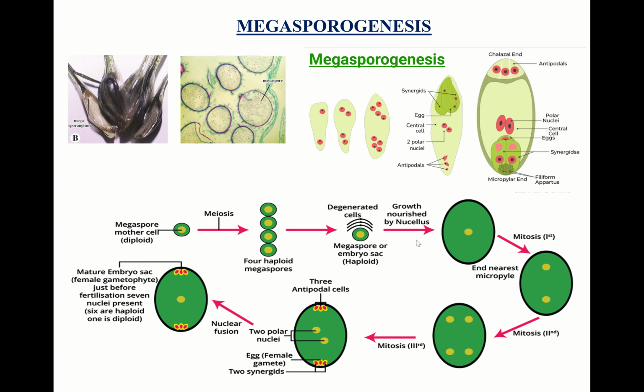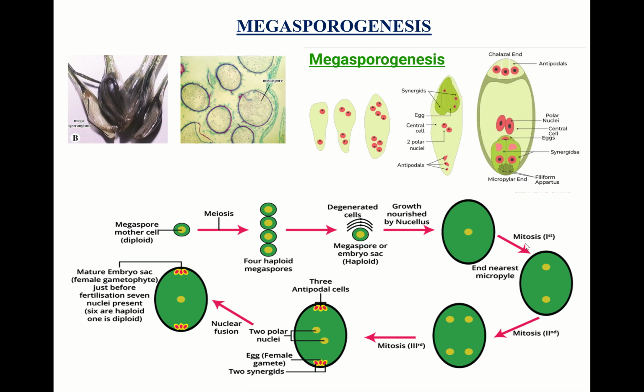These megaspores are nourished by the nucellus, as we discussed in the previous lecture that the nucellus is a nutritive tissue. So it nourishes the megaspores, and megaspores are also called the female gametophyte. So this is a megaspore.